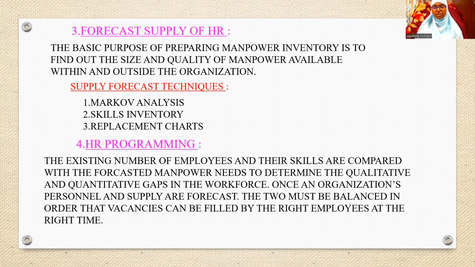Once organizational demand is determined and supply is forecasted, these two must be balanced so that vacancies can be filled by the right employees at the right time. The HR programming should fulfill the vacancies with the right candidates at the right time with the right skills required.